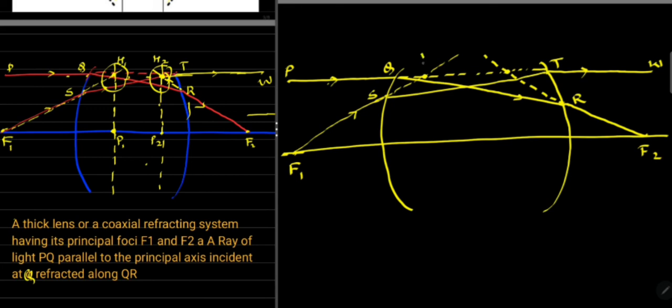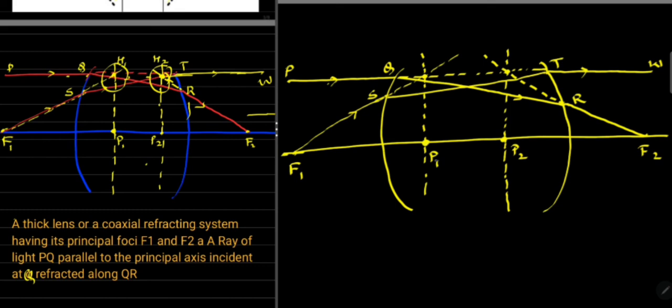We'll draw a perpendicular line passing through those points which cut each other, meeting the principal axis, and that plane cuts the principal axis in both cases. So this point is called P1, and this point is called P2.